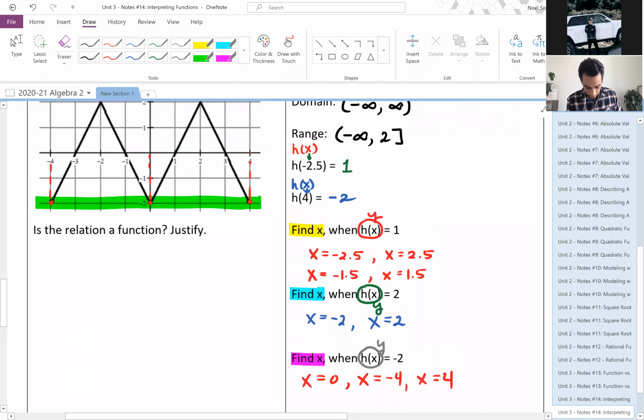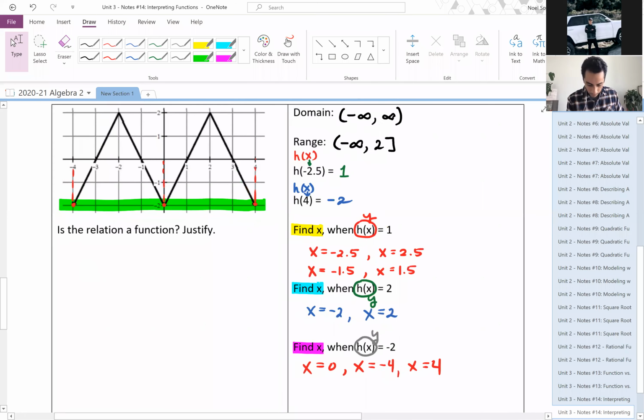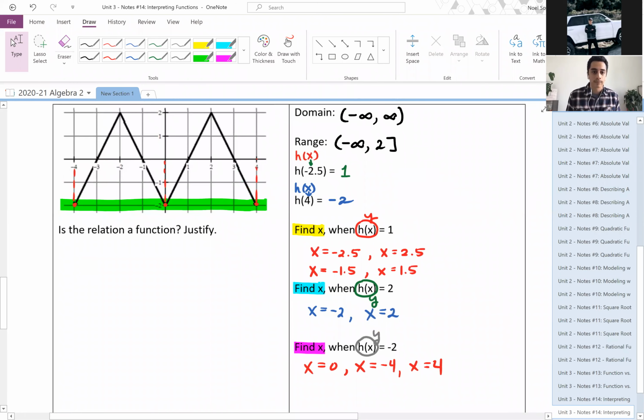Okay, and that's the last question for interpreting. So what do we say finally? Is this relation a function? What do we want to test it with? The VLT, yeah. What do you think? I can draw vertical lines pretty much anywhere I want. Do you see any conflict where it's going to cross the graph twice?